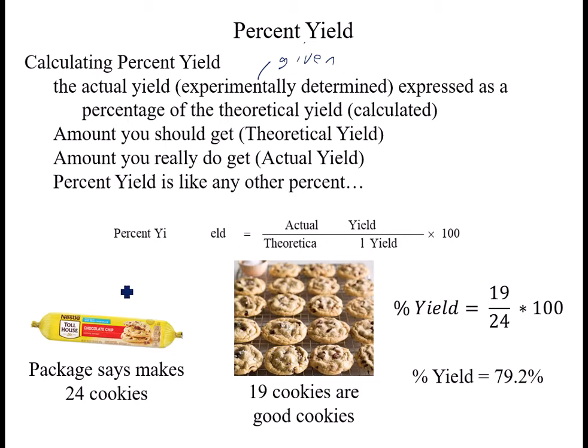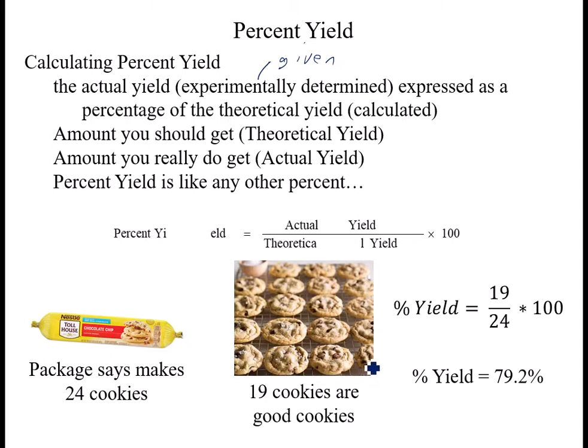So for an example, if I buy a package of the rolled up cookies, and the package says it should make 24 cookies, I burn some, I slice them a little too thick, whatever. I got 19 cookies, and I actually counted in the picture.